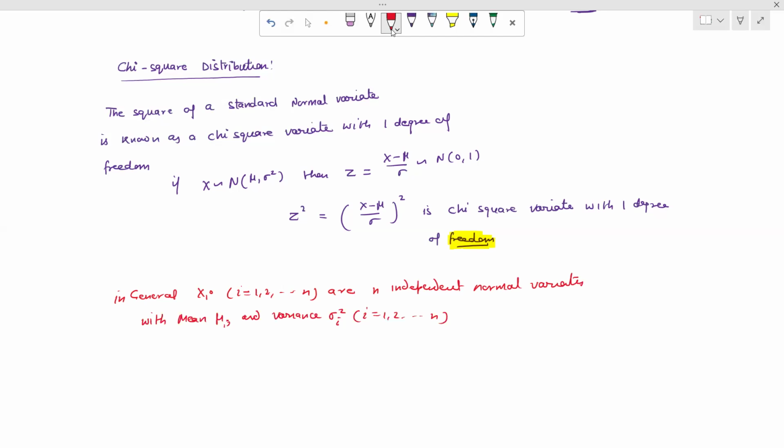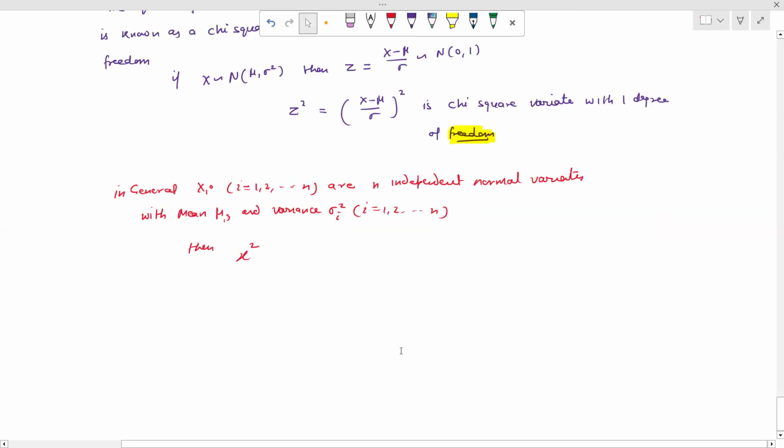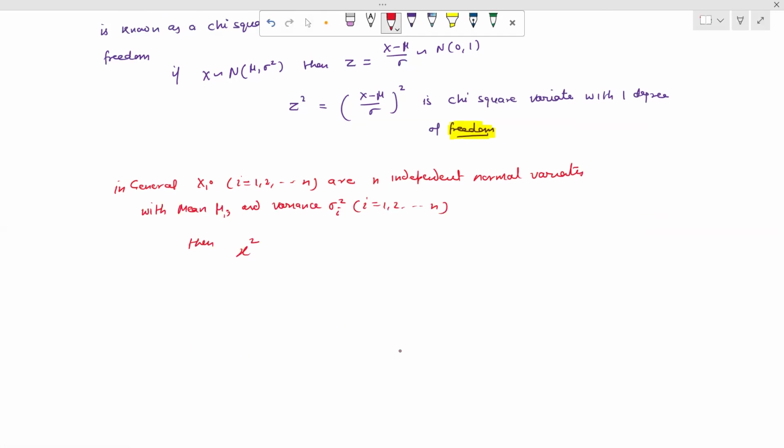Then chi square, this is the symbol for representing the chi square, is equal to the summation of i equal to 1 to n of ((Xi minus mu i) upon sigma i) whole square.